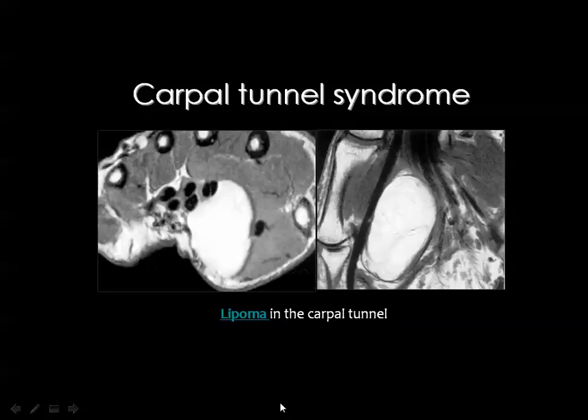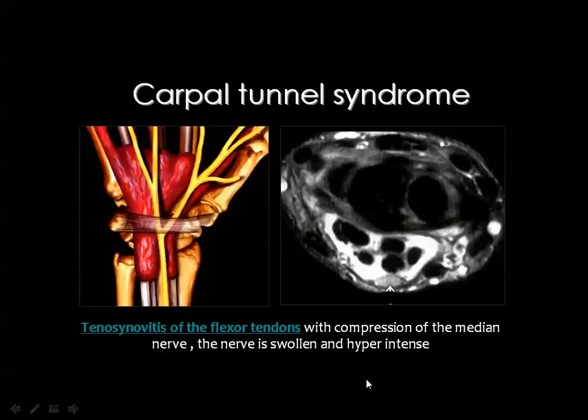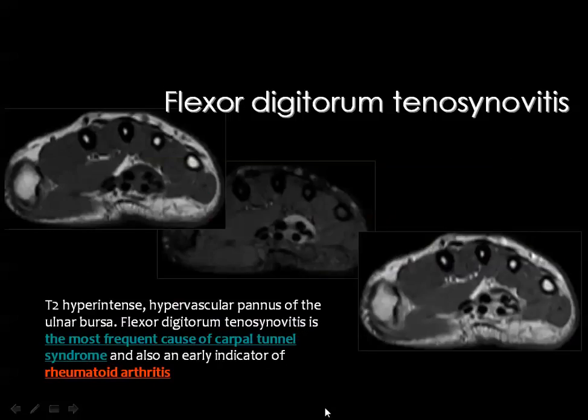Also, simple lipoma can occur inside the carpal tunnel like this one, and they increase the pressure, resulting in carpal tunnel syndrome. Tenosynovitis of the flexor digitorum profundus and superficialis will result in increased pressure inside the carpal tunnel and abnormal signal and shape of the median nerve.